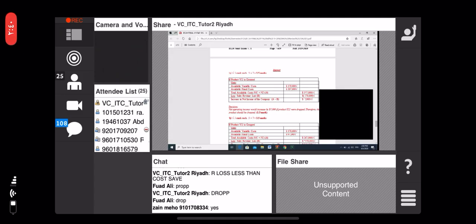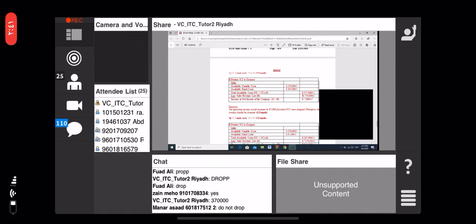Just 97,000 is avoidable, not 207,000. So now the revenue loss is 370,000. This is the revenue loss.